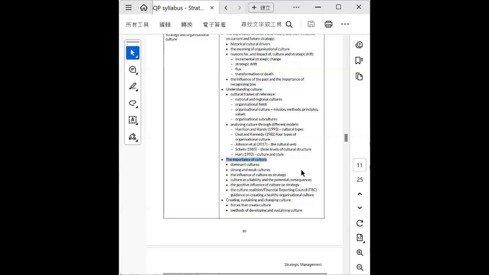The influence of culture on strategy. This looks at how culture shapes strategic decisions and outcomes, so look at the positive or negative impact of the culture.